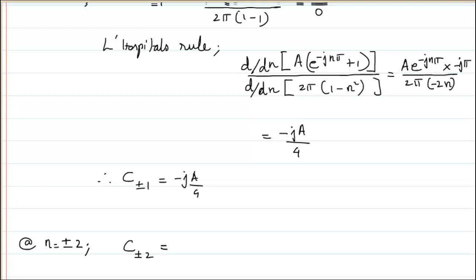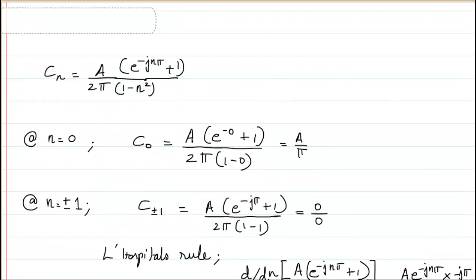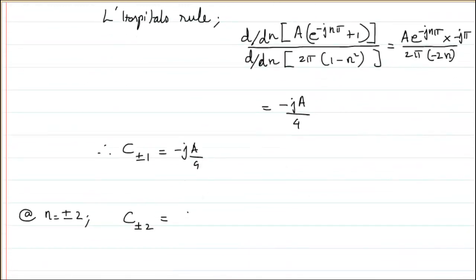So if I take plus 2, then here I will get a into e raised to power minus j 2 pi plus 1 divided by 2 pi into n, 1 minus n square, so 1 minus n square is basically 4.